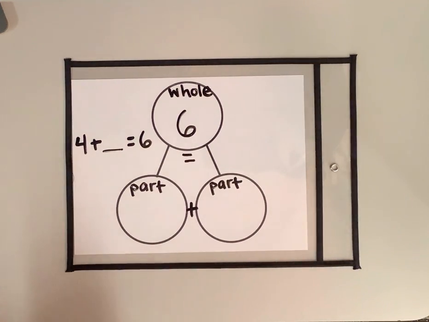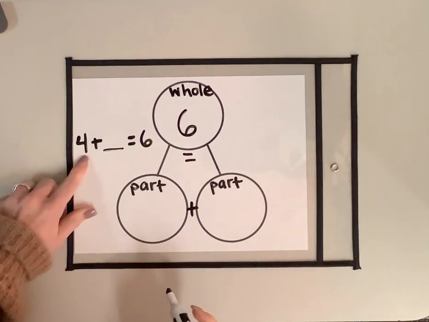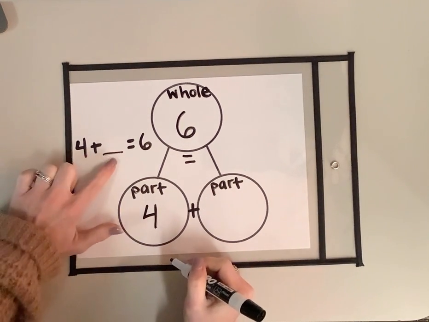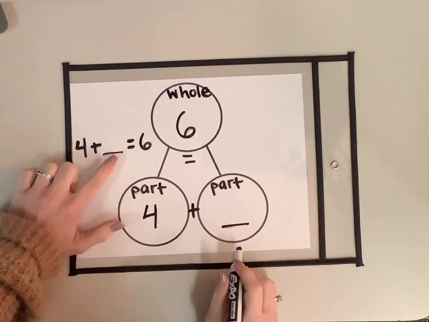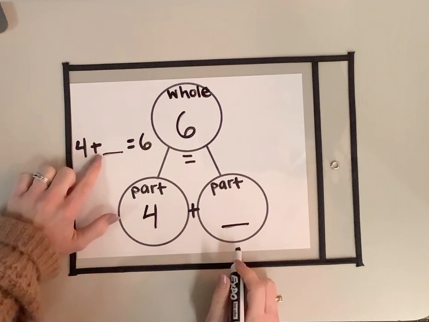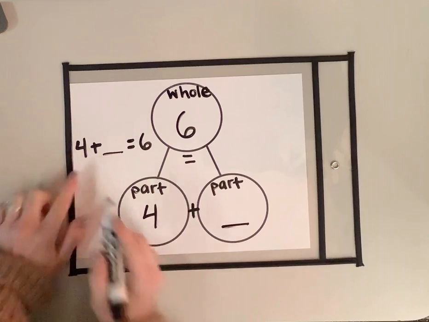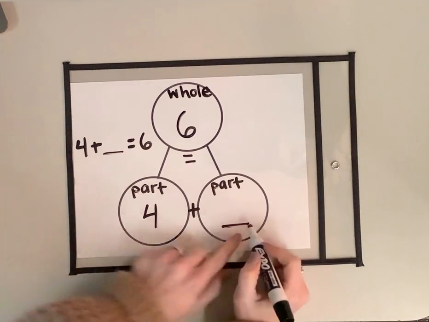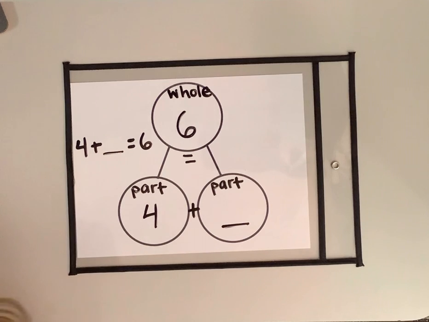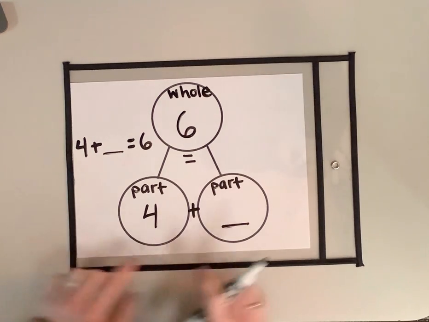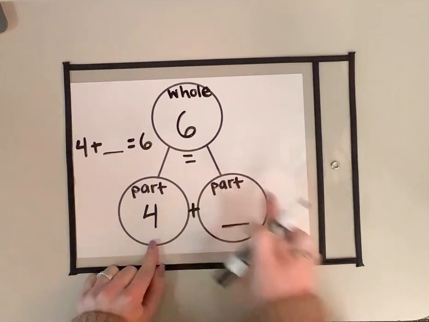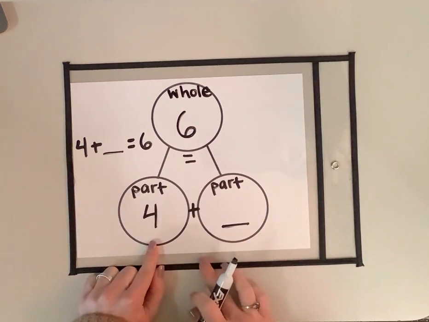I already know one of my parts, 4. It's given to me in the problem, but I don't know my other part yet. That's my change in my addition problem. It changes from 4 to 6, so I have to figure out my change, or my other part. To figure out my change in my problem, I'm going to start at 4, and I'm going to count on until I get to 6.